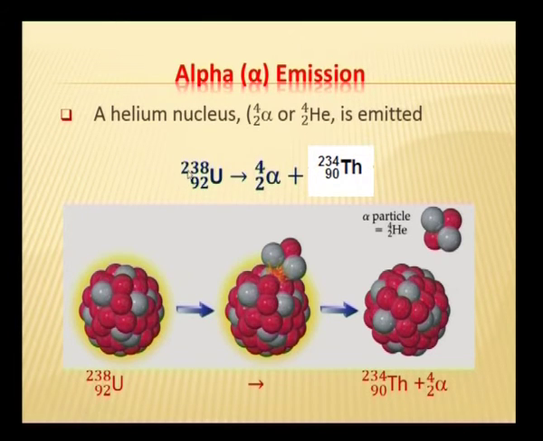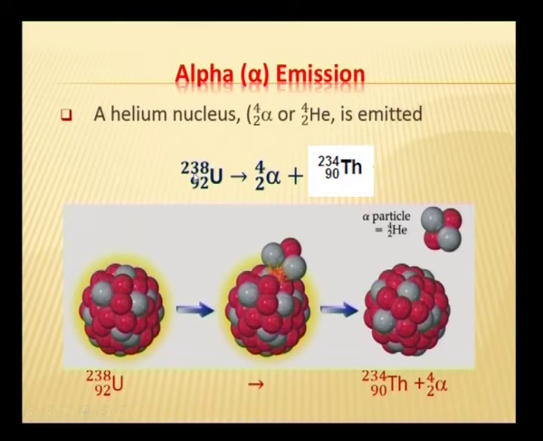So, there should be 92 protons. So, how many neutrons are there? If the mass number is 238, what is mass number? The number of protons plus the number of neutrons. The number of protons should be 92, because for the atom to be stable, the number of electrons and number of protons should be the same.